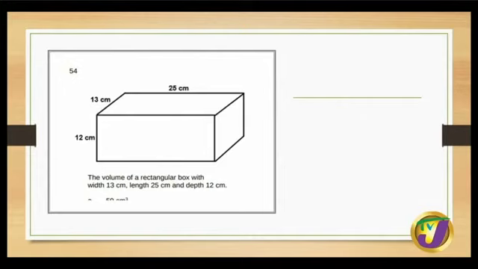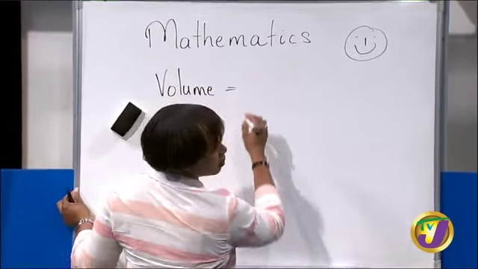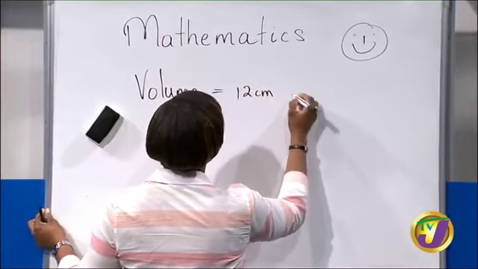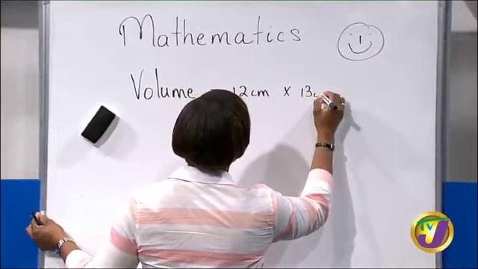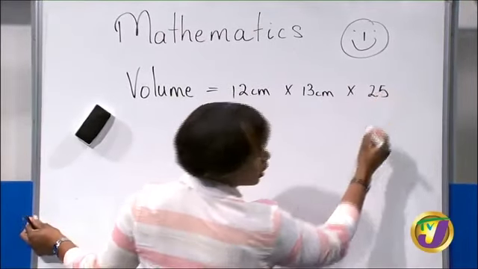So volume will equal 12 centimeters multiplied by 13 centimeters multiplied by 25.